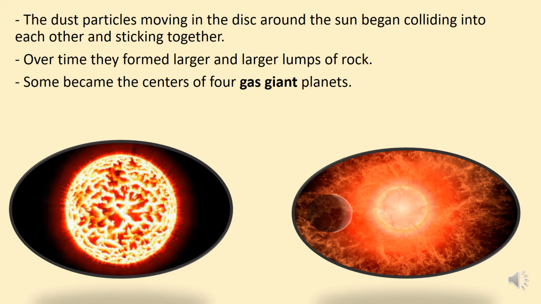The dust particles moving in the disk around the sun began colliding into each other and sticking together. Over time, they formed larger and larger lumps of rock. Some became the first four planets moving around the sun, and others became the centers of four gas giant planets.